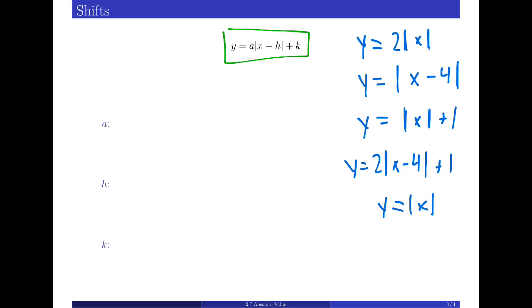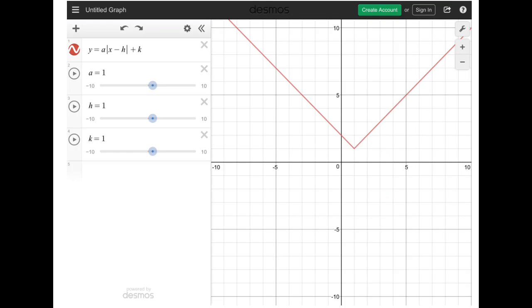So what I'm going to have you do is use Desmos, and you can either do this on your computer or there is an app for it. And I've got a screenshot here. So you're going to go to Desmos, and on the first line to enter an equation, enter y equals a times the absolute value of x minus h, plus k.